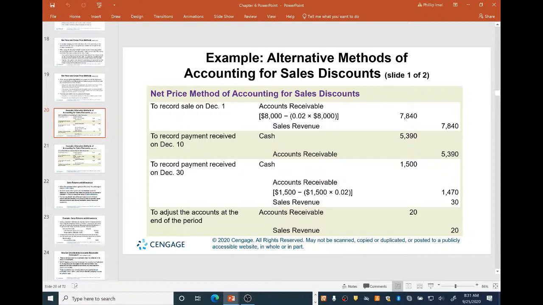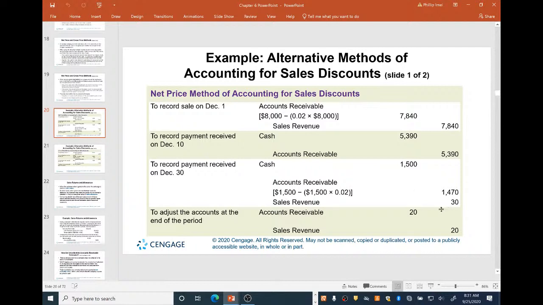When we receive the payment on December 10th, we can see here, cash $53.90, accounts receivable $53.90. To record payment received on December 30th, cash $1,500, accounts receivable $1,470. And then right here, the difference between the two, we have to account for additional sales revenue of $30 because they forwent the discount.